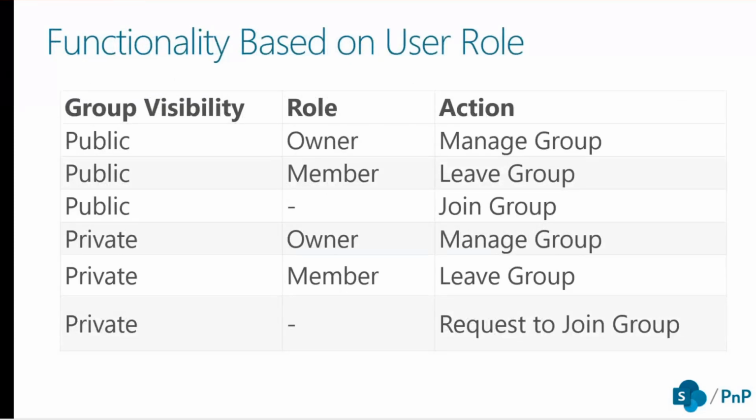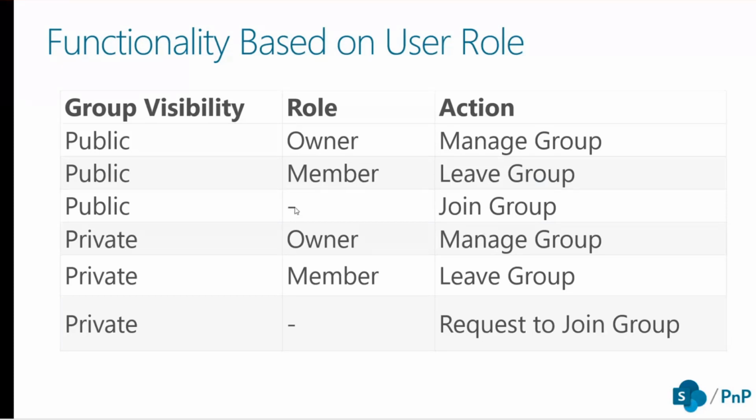There are a few functionalities and some user roles associated with this sample. If you are in a public group and you hold the owner role, you can manage the group. If the group visibility is public and you are a member, the option will be to leave the group.